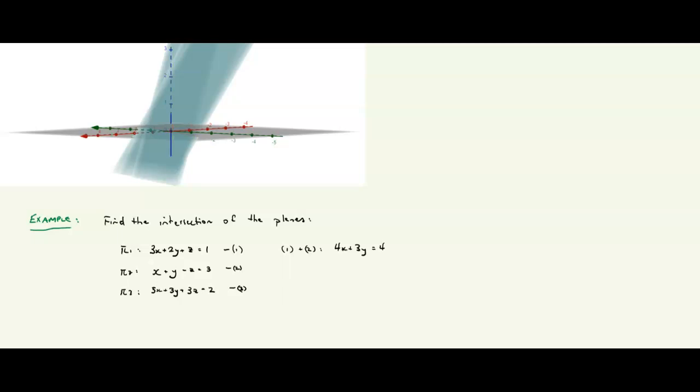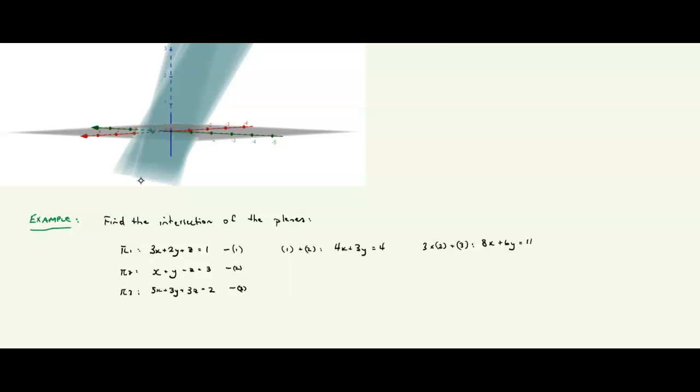Now I can use, perhaps I'll multiply 2 by 3 and add to 3 to eliminate z out of 2 and 3. So I'll take 3 times equation 2 and add to equation 3. And I'll get 8x, 3 times y plus 3y, so that gives me 6y. 3 times negative z plus 3z gone. 3 times 3 is 9, add to 2 to get 11.